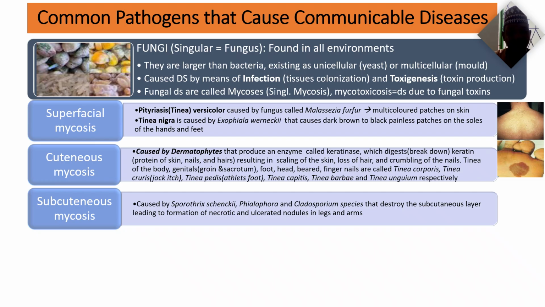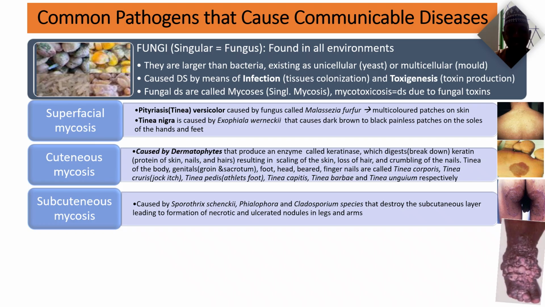Examples of these fungi are Sporothrix schenckii, Phialophora, and Cladosporium species. These fungi destroy the subcutaneous layer, leading to formation of necrotic and ulcerated nodules in the legs, in the arms, and so on.